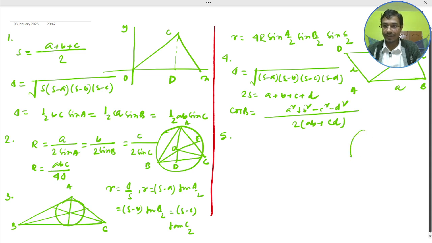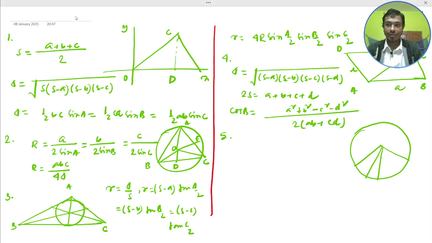Suppose this is a circle and this is a regular polygon. So this would be the straight line here, angle with π by 2.